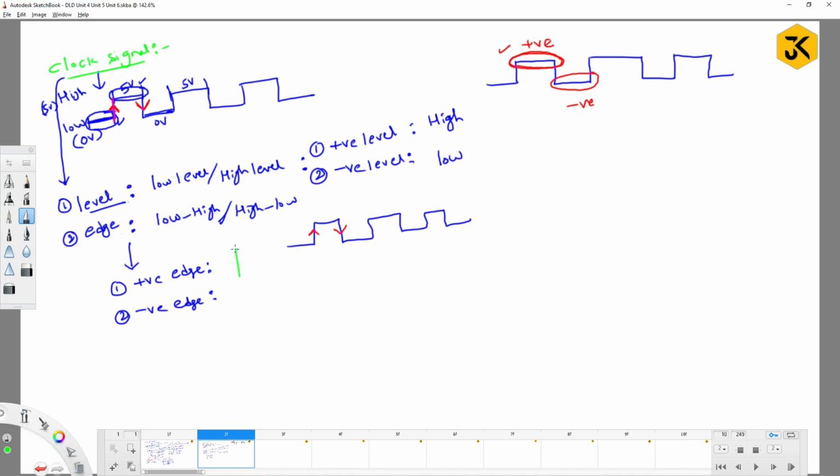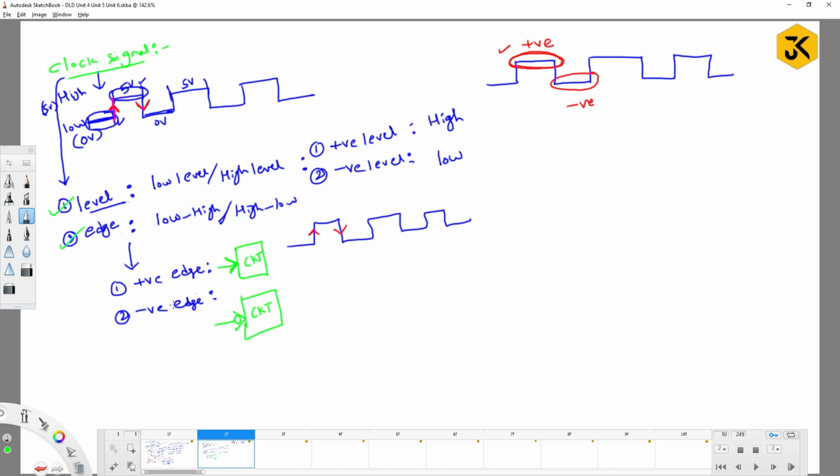See, basically we can represent these in different terminologies. If you observe any kind of circuit, and the circuit is represented with this symbol, what is the meaning of this? This circuit is using a positive edge clock signal. If I represent a circuit, CKT means circuit, with a bubble followed by an arrow symbol, I can call it a negative edge clock signal. These two points are very, very important for GATE.